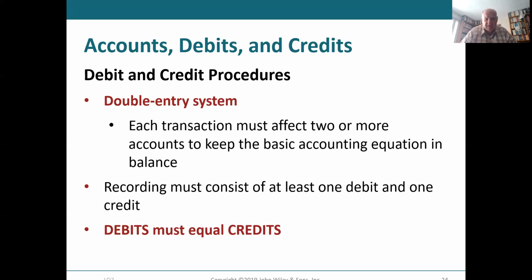We have a double entry accounting system. Every transaction must have at least one debit and one credit. You can have one debit and 100 credits. You can have one credit and 1,000 debits. As long as the debits equal the credits, you must have at least one of each. That's all.